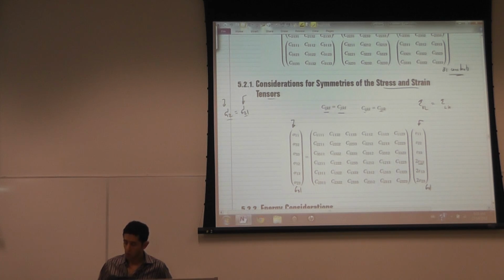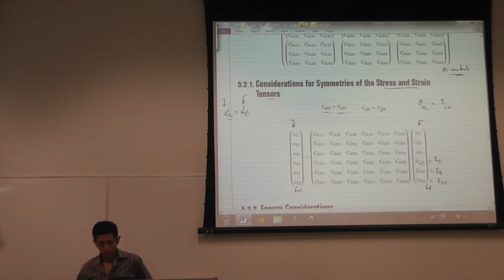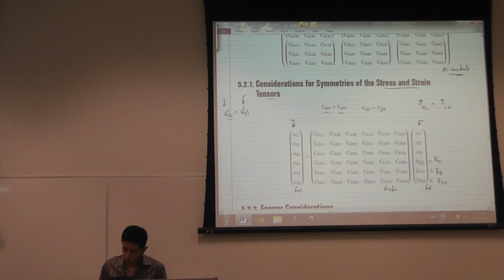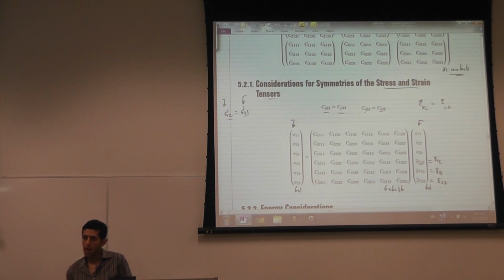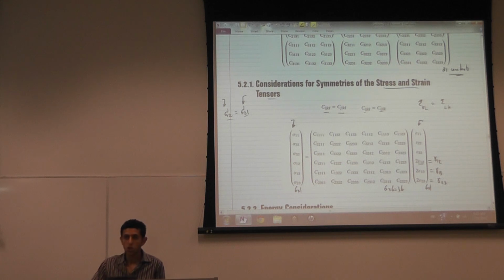So I have 2 epsilon 12, which is the engineering shear strains. And the relationship is now fully described by 6 by 6, which are 36 constants. So right off the bat, because of the symmetries, I can say that the relationship between the stress and the strain is described by 36 constants.